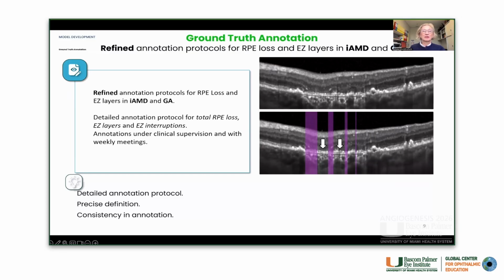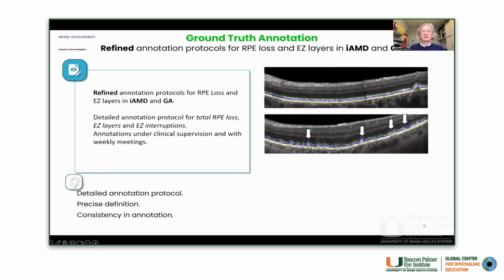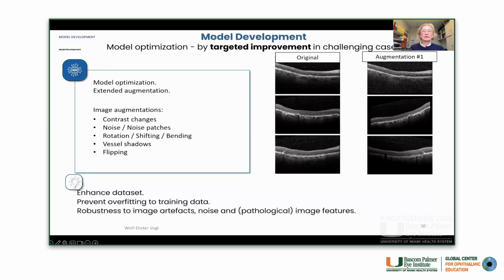A detailed annotation protocol is needed for total RPE loss, EZ layer thinning, and EZ interruptions. And annotations have to be performed under clinical supervision and with continuous discussion of complicated cases.